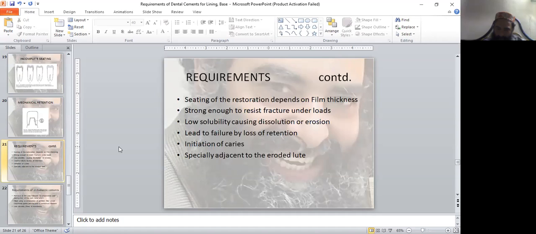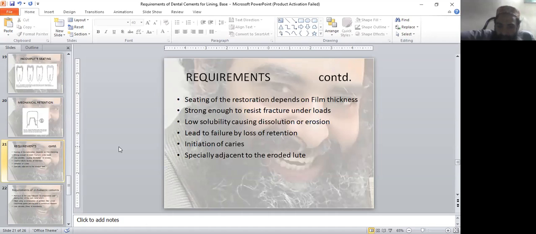Is it? No. Low solubility of the material. If low solubility is considered, it means that its solubility is low, meaning it cannot be soluble.